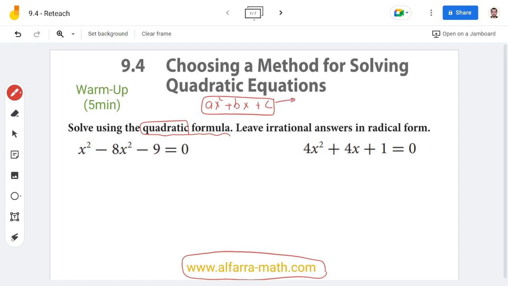So we learned how we can factor, right? And we learned many types of factoring when a is equal to 1, when a is equal to 2 or 3 or 5 or whatever.